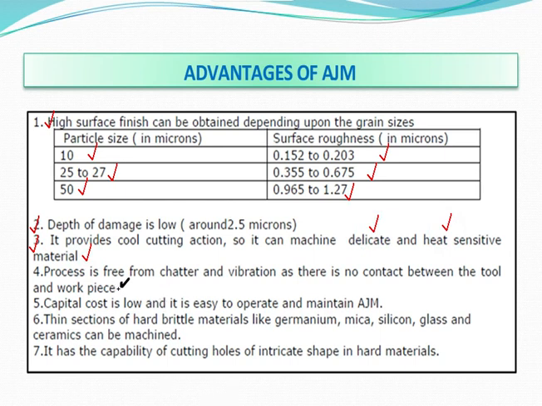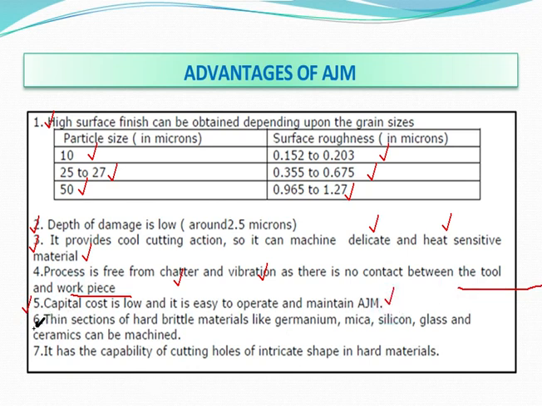Next, the process is free from chatter and vibrations as there is no contact between the tool and your workpiece. Next point, capital cost is very low and it is very easy to operate and maintain this process.